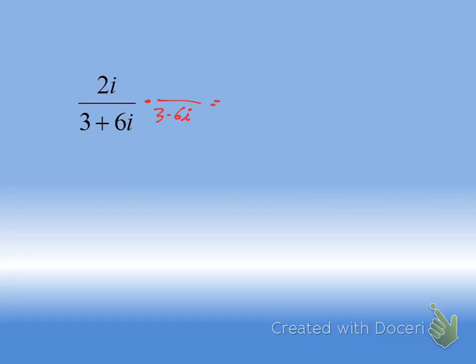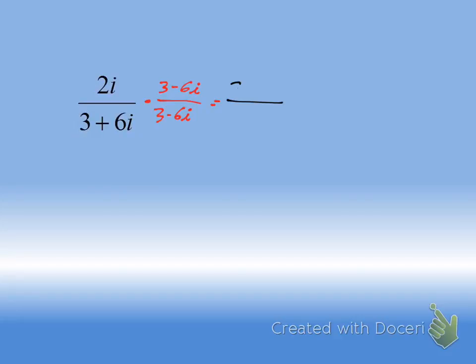Okay? Now, if you do 3 minus 6i on the bottom, you got to do what on top? Same thing. 3 minus 6i. Now rewrite it as 1.